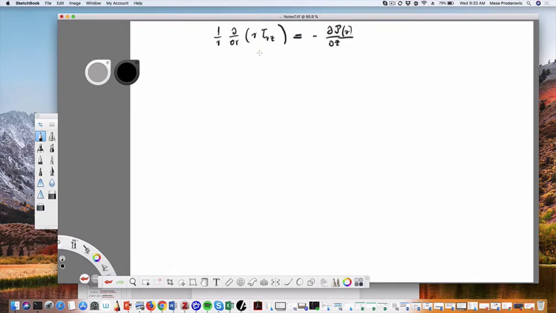Tau rz is a function of r because vz is a function of r, right? So I'm going to observe here, this is a function of r. And this is a function of z.